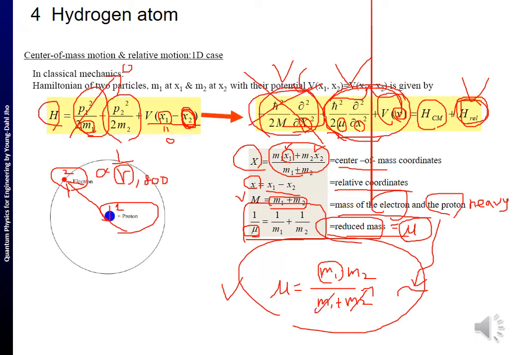Then mu is just the same as M2. So this is like the electron problem, but now we use this Coulomb potential. So even though it looks complicated, if we understand the structure, we can make it simple.